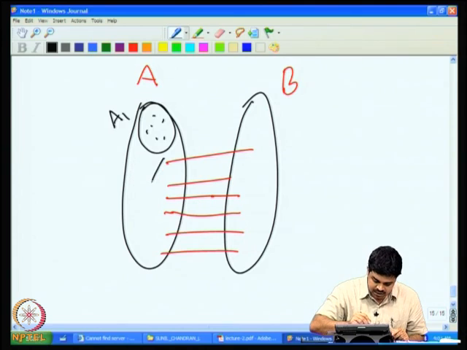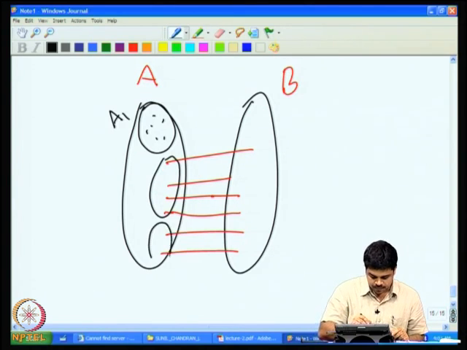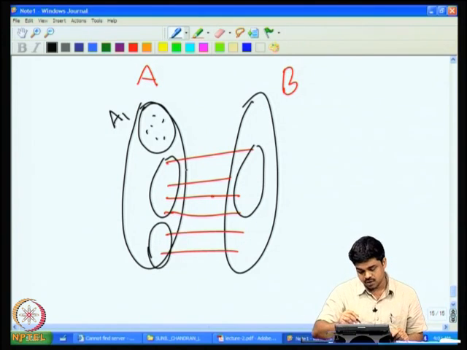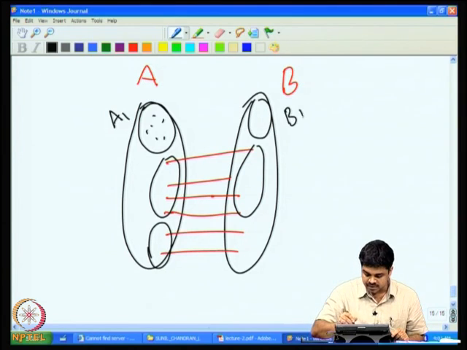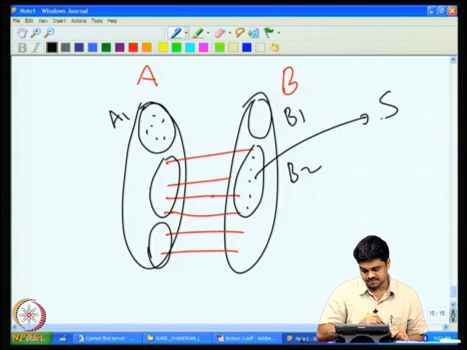The other category is the partners of the vertices from B. This is also B1, unmatched vertices here. This is B2. B2 is the vertices which we selected to be added to S.